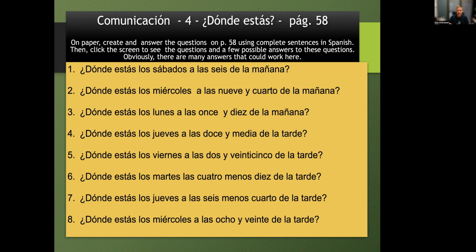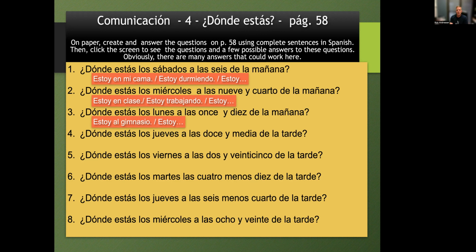Okay, like I said, there's no way for me to guess your answers because there are an infinity of options. But for example, ¿dónde estás los sábados a las 6 de la mañana? Estoy en mi cama. I'm in bed. Estoy durmiendo. I'm sleeping. Estoy en el gimnasio, right? Número 2, ¿dónde estás los miércoles a las 9:15 de la mañana? Estoy en clase. Estoy trabajando. Estoy en la cama. Número 3, ¿dónde estás los lunes a las 11:10 de la mañana?